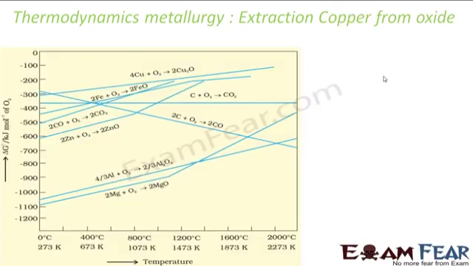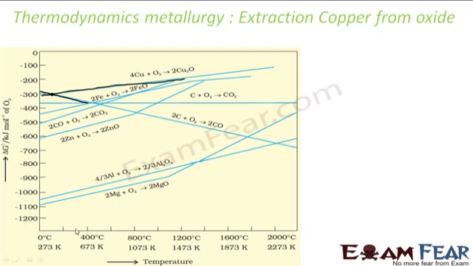Now let's discuss the extraction of copper from oxide. If you see this copper reaction, this is my copper reaction, and the typical reducing agent we use is carbon, with carbon plus oxygen giving carbon monoxide. If you see these intersect at this point, that means after this temperature, carbon should be able to reduce Cu2O to copper, and that's a very low temperature.